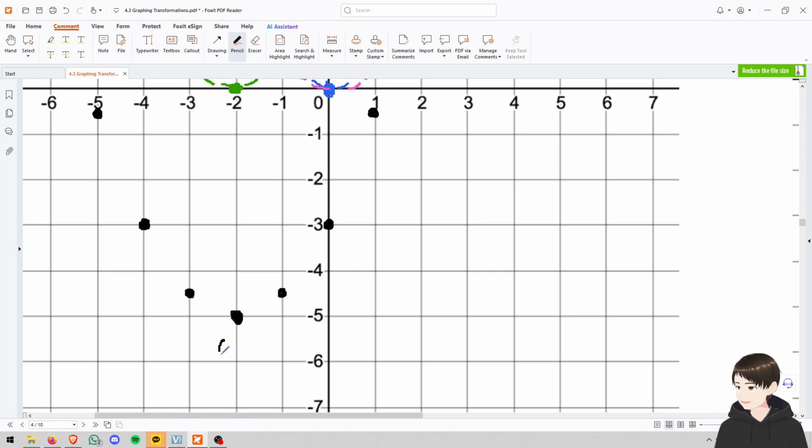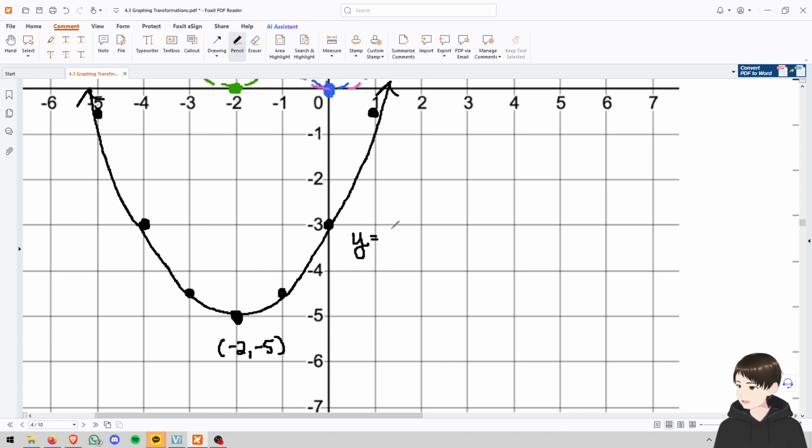So my vertex is (-2, -5), and I have points (-1, -4.5), (0, -3), (1, and half). There, something like that. It's not the cleanest, but it gets the job done. Half x plus 2 squared minus 5.